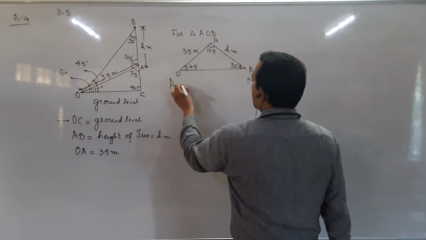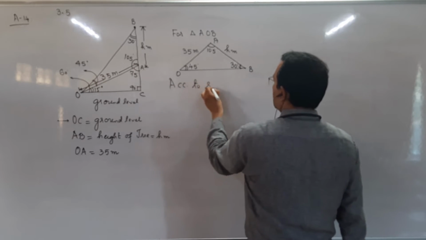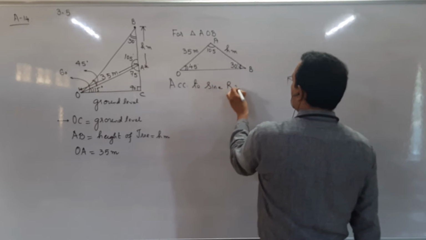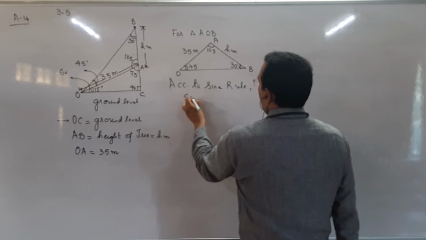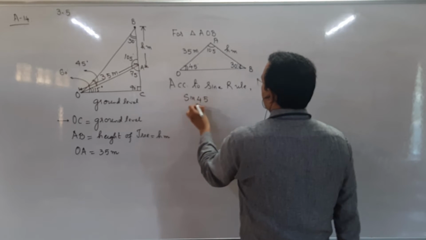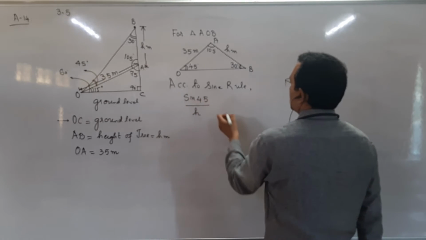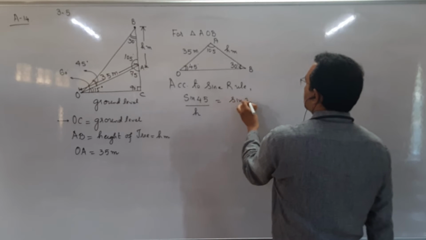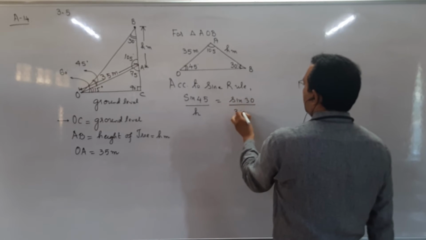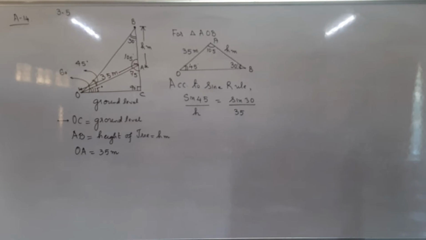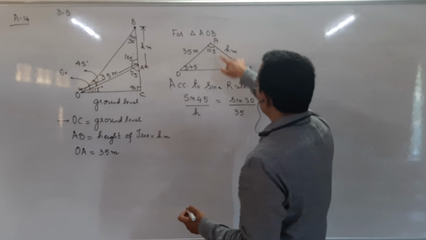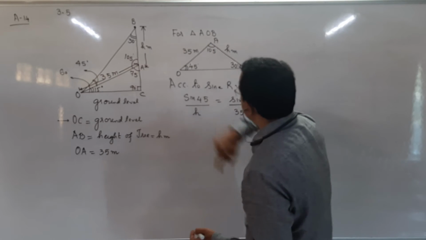Now, students, I apply the sine rule. According to the sine rule, sine of 45 upon h is equal to sine of 30 upon 35. It is sine of A upon small a, so angle and opposite side.